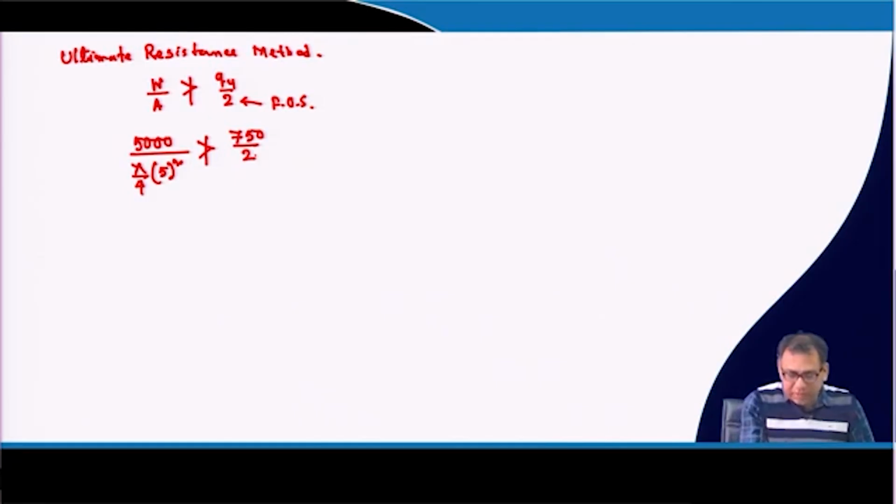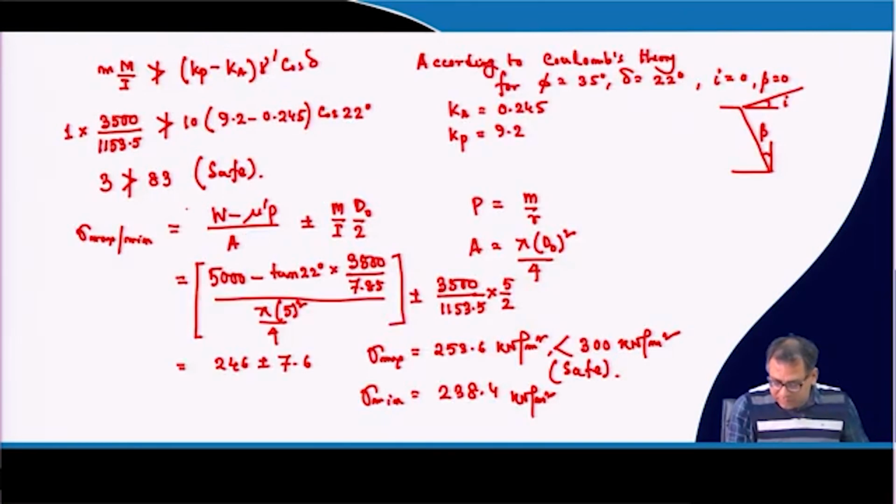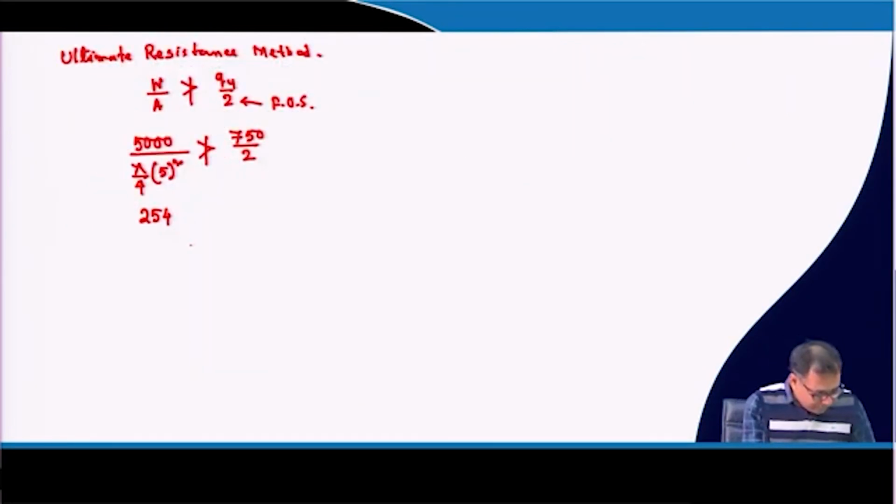Okay, because I have given Q ultimate is 750 kilonewton per meter square. So this is 254. This is not greater than 375 kilonewton per meter square. So, it is safe.